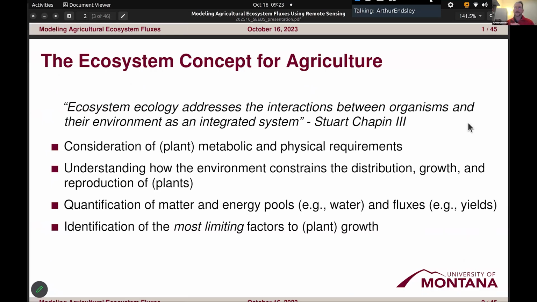So those field measurements and models by plant physiologists directly inform our models of plant function.